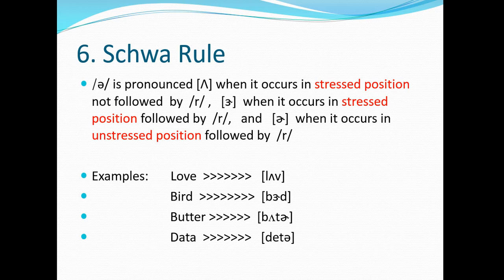So you can see that if the schwa is in unstressed position, not followed by R, what is the symbol? This symbol here, okay? The normal symbol, the normal schwa, okay?